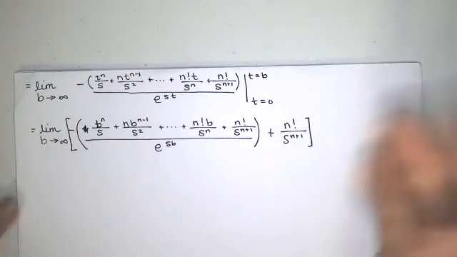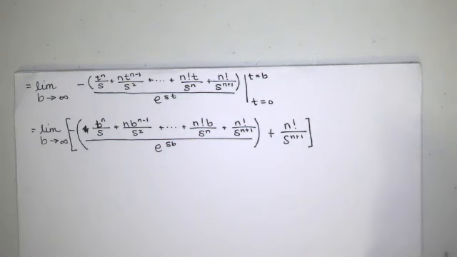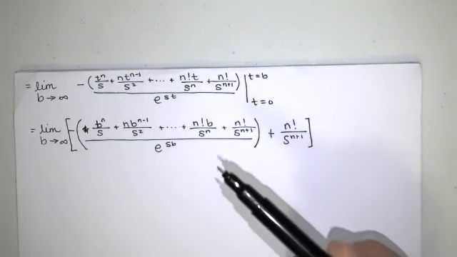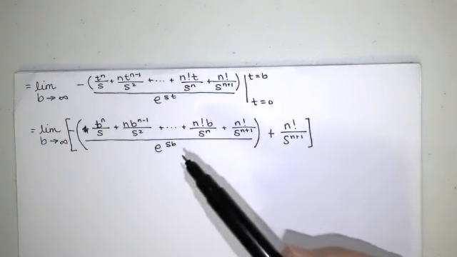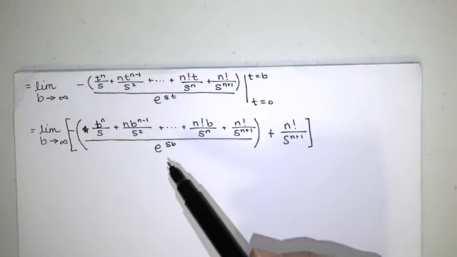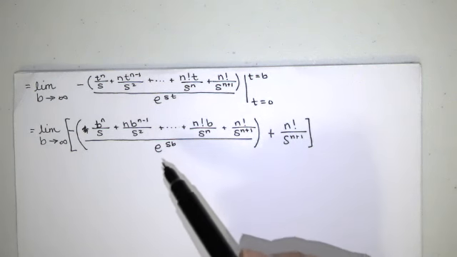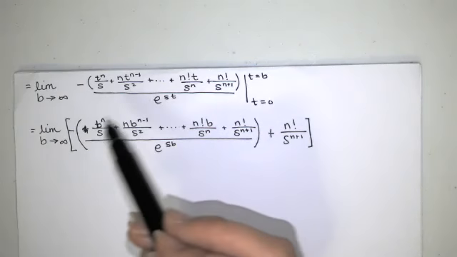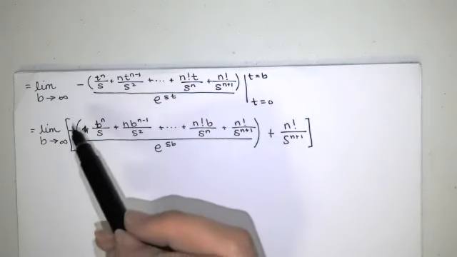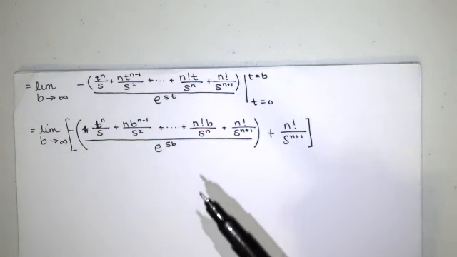So then the question becomes, what happens to this expression as b goes to infinity? Well, this is an nth degree polynomial over an exponential, so that makes it a negative infinity over infinity indeterminate form. This is provided that s is positive. If s is positive, this is going to infinity, and this is going to infinity if we disregard that negative sign.